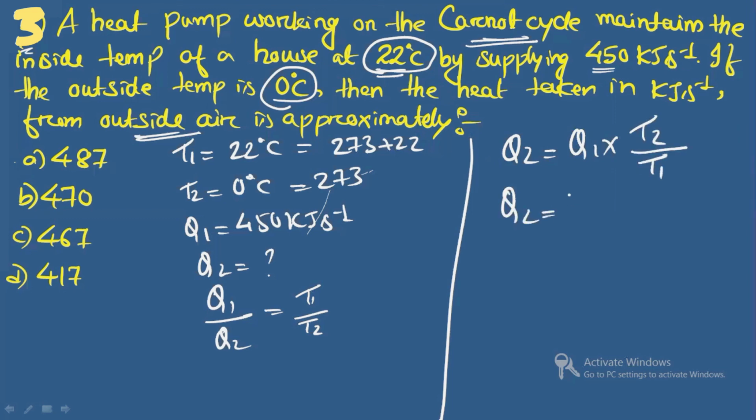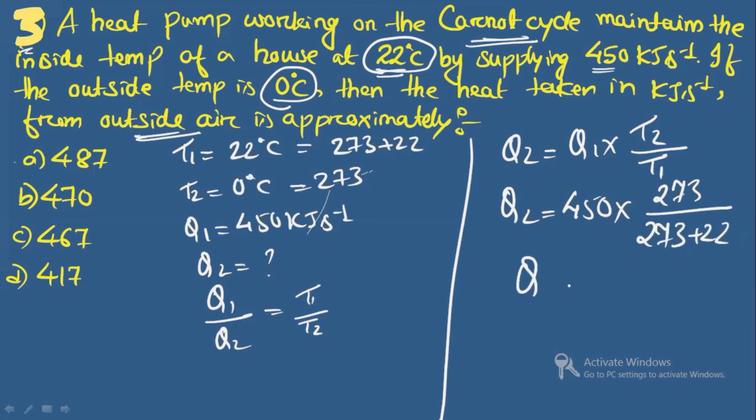So Q2 is equals to Q1 is how much? 450. T2 is our 273 and T1 is 273 plus 22. So when you will do the simplification, you will get the answer to be approximately 417 kilojoule per second. This much amount of heat is taken from outside. So the correct option is option D.